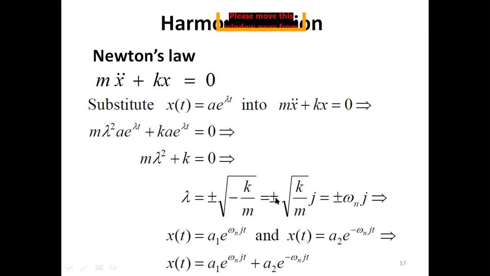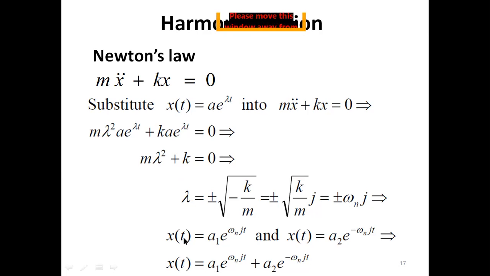So now lambda would be plus minus j under the root k by m, or lambda is equal to plus minus under the root k by m, which is omega n, so plus minus omega n j. So we have two roots for the characteristic equation, one with the positive sign and the other with the negative.